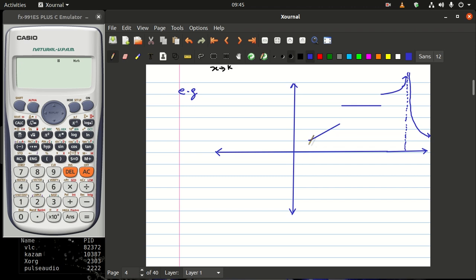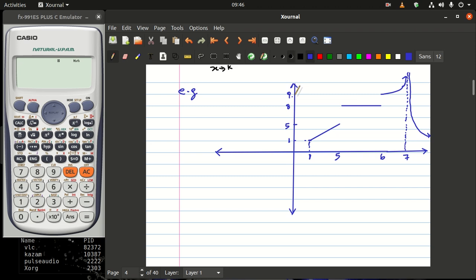At this point here I'm going to say that I have a 1. This is not a 1, it's an A. I have 1 here, 5 here, 6 here, 7 there. So at this point I have a 1, at this point a 5, at this point an 8, and at this point a 9.